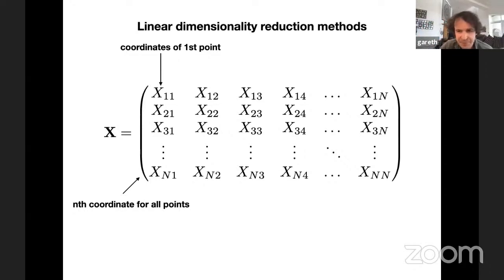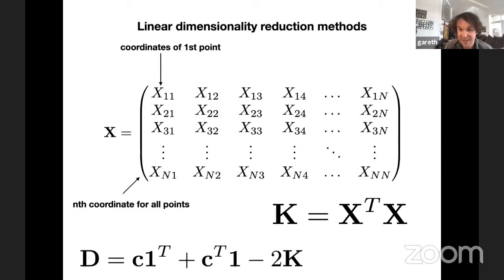Now, if we have this matrix and we multiply it by its transpose, what we get out is the matrix of dot products, so this matrix of kernels. And it also turns out that we can calculate the matrix of distances from this matrix that contains all of the points, using some simple matrix algebra as well.